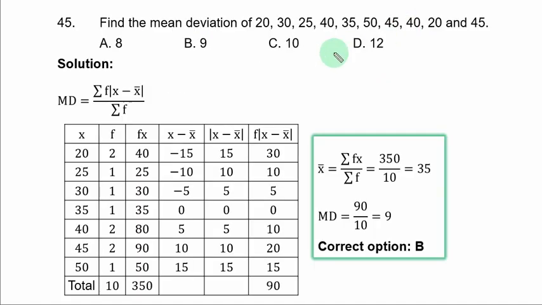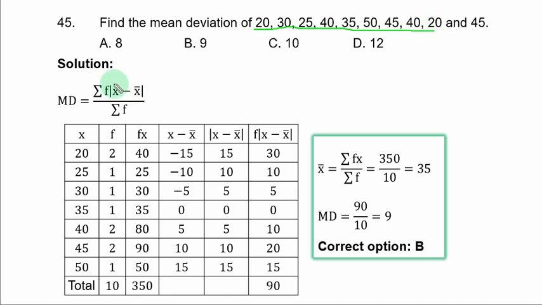Question 45. Find the mean deviation of 20, 30, 25, 40, 35, 50, 45, 40, 20, and 45. Some data points appeared more than once, so we have to treat this data as data involving frequency.